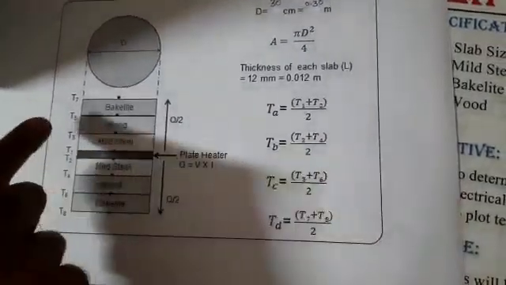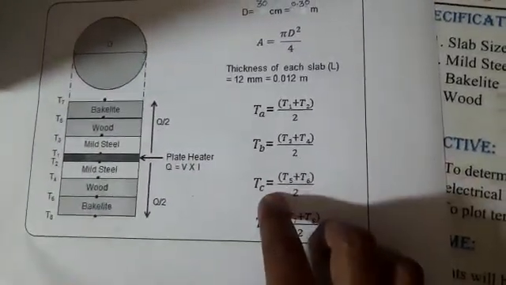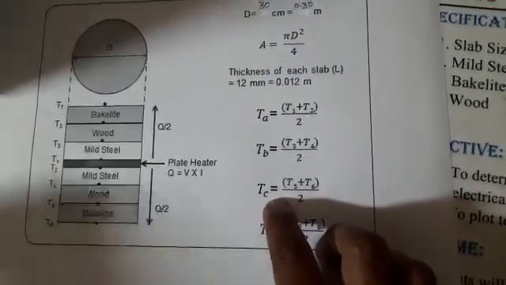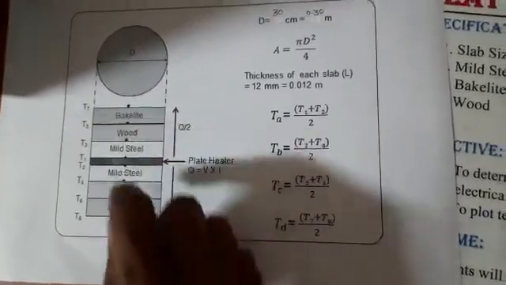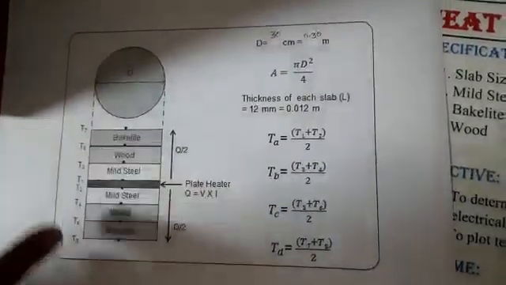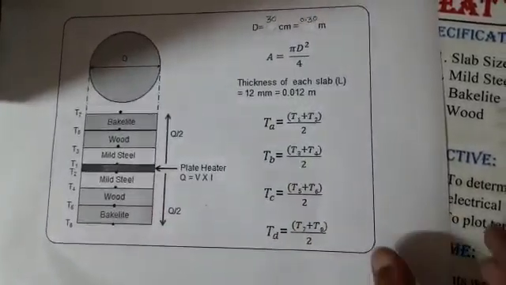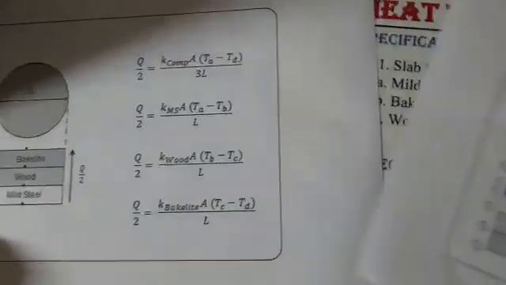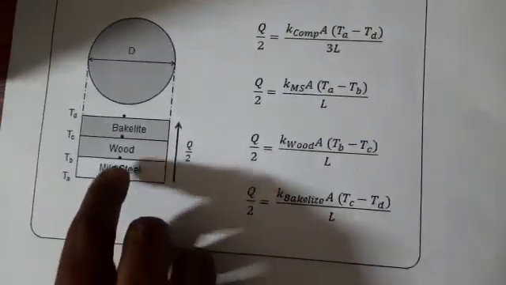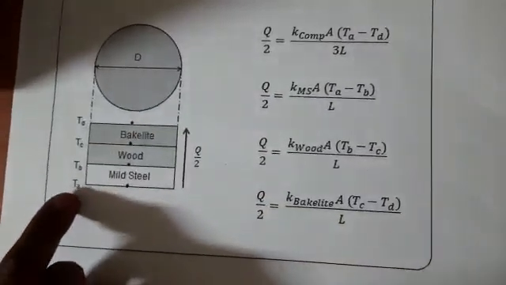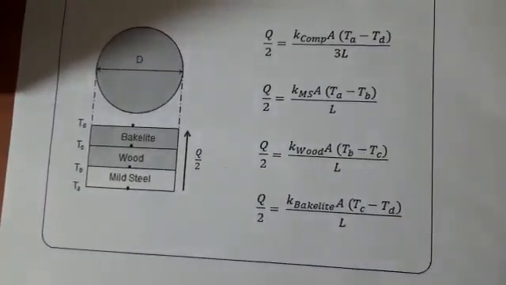Then TC, which is the average of T5 and T6, will give you the outer surface temperature of the wood, which is the same as the inner surface of the bakelite, and the average of T7 and T8 will give you TD, which is the outer surface temperature of the bakelite. Now, once this is done, we have a simplified system where you have mild steel, wood and bakelite with temperatures TA, TB, TC and TD as the surface temperatures.